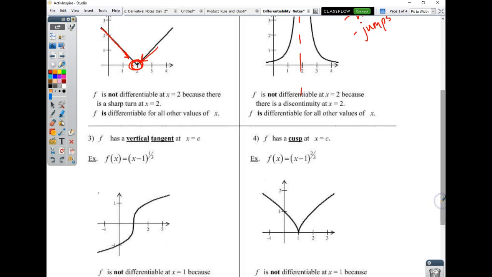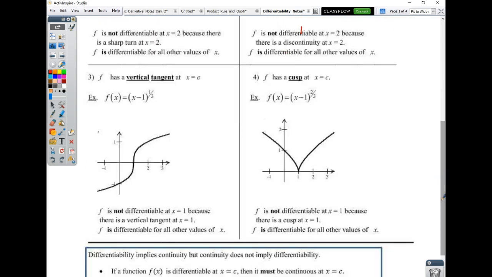We also have the vertical tangent line, probably the most basic aspect of this. At this particular point when x is equal to 1, we see a vertical tangent line, and by definition a vertical tangent implies undefined slope. Since the derivative is the slope of a tangent line, that would not exist.